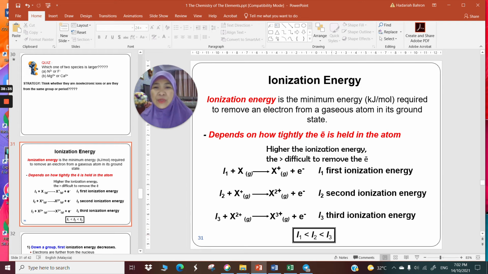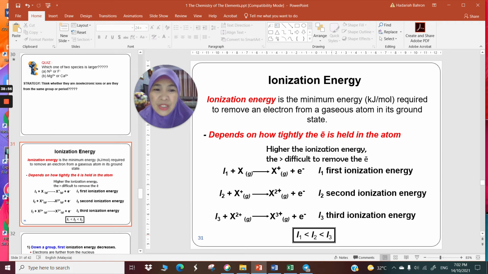Because the first electron is the furthest away from the nucleus. The further away it is from the nucleus, the easier it is to remove it. So after you remove the first electron, the second electron that is located closer to the nucleus will be slightly more difficult to remove, and will require more energy.